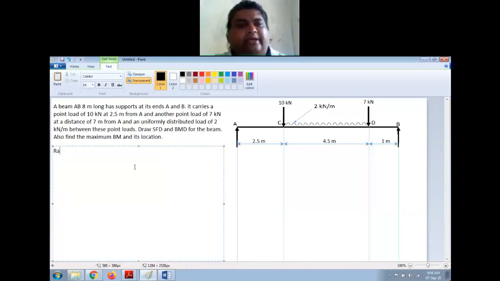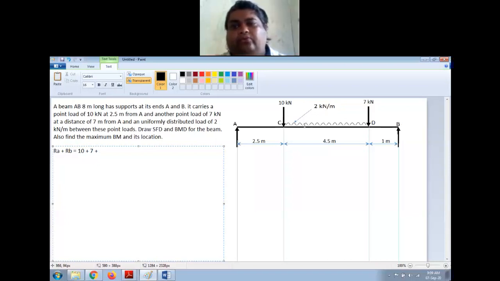So RA is in the upward direction at A, plus RB is also in the upward direction. This is my assumption, so it can change also, right? We will see some numericals where it changes. Now this is equal to, I will put all the downward forces on one side. So I have 10 kilonewton here and 7 kilonewton here. So 10 plus 7 plus I have a uniformly distributed load which has an intensity of 2 kilonewton per meter.